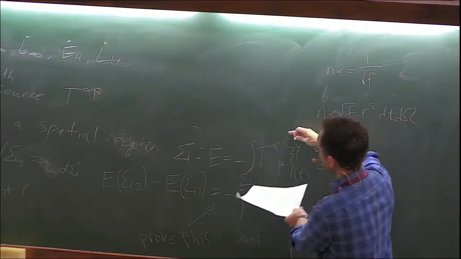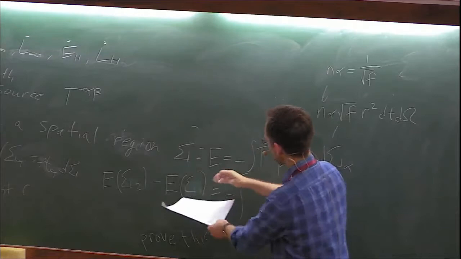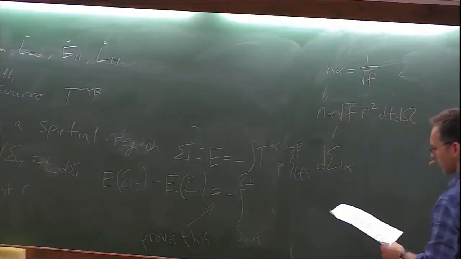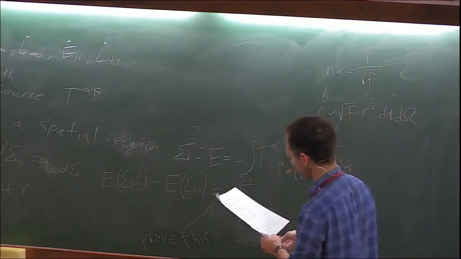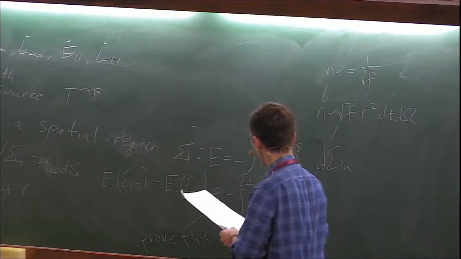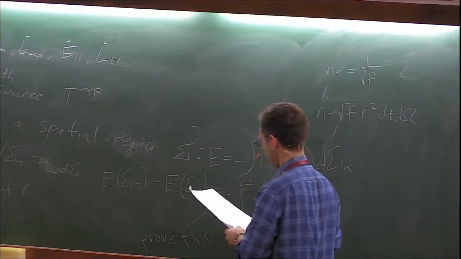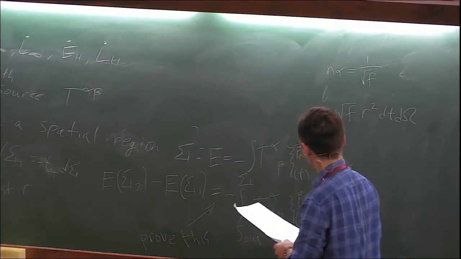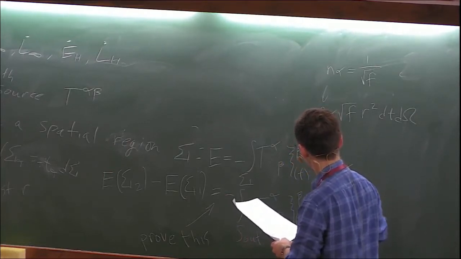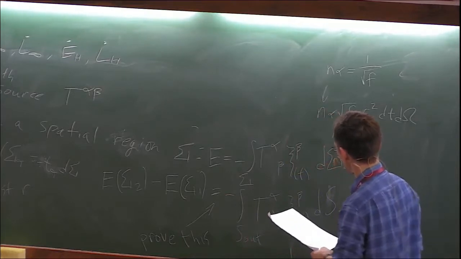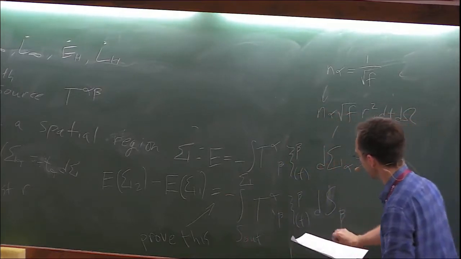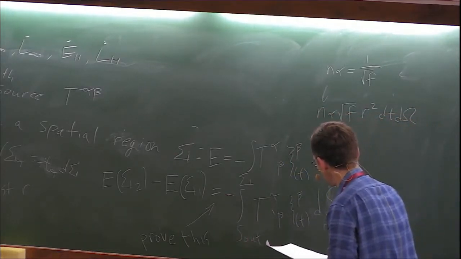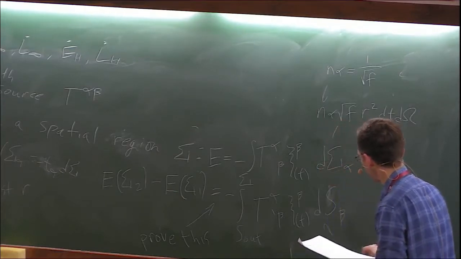So the difference between this integral at sigma 2 and the same integral at sigma 1 is an integral over the boundary of the tube, S out, where now this is the outward directed surface element, radially outward.